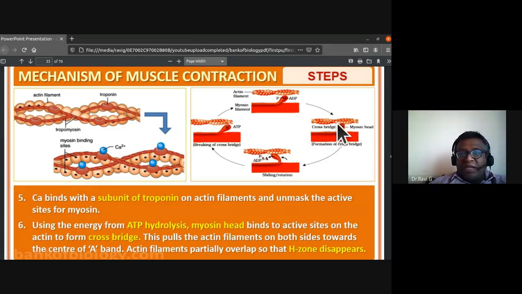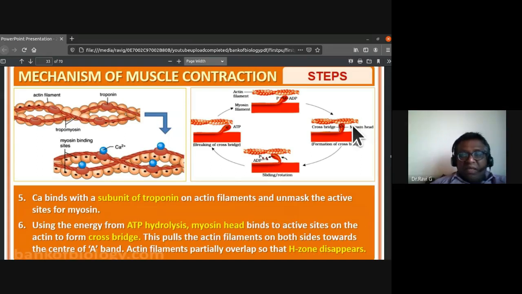Calcium binds with the subunit of troponin on the actin filaments and unmasks the active sites for myosin. So the myosin binds to this active site on the actin to form a cross bridge.